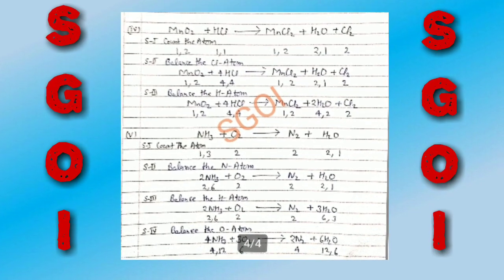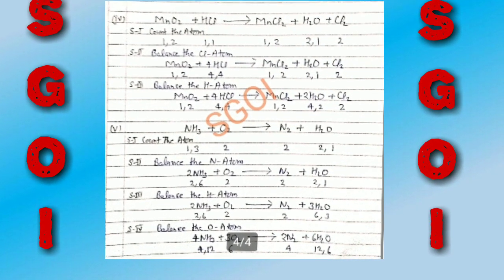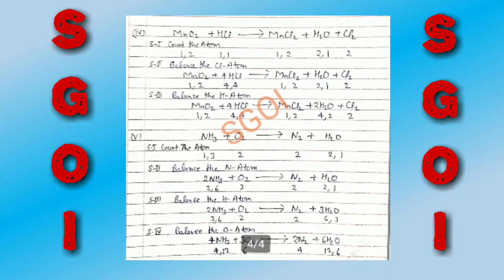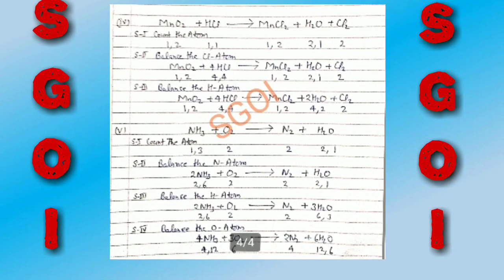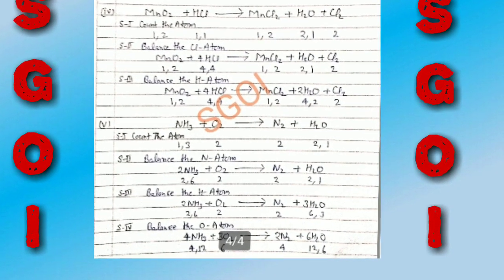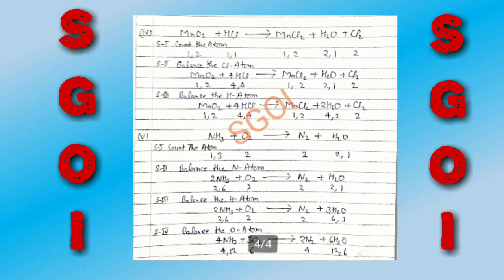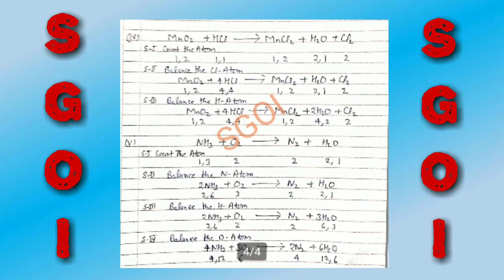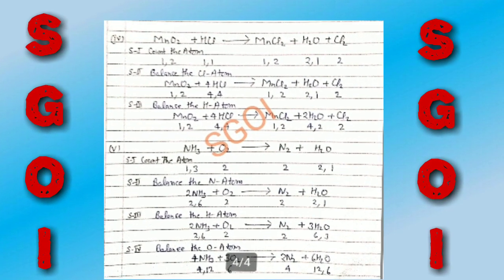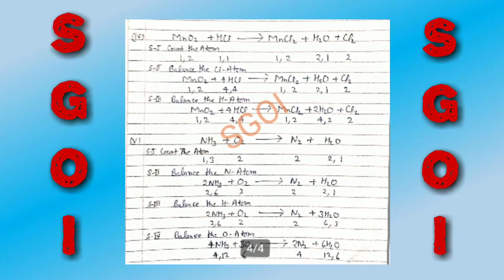Now the fourth question is MnO2 + HCl gives MnCl2 + H2O + Cl2. First we count the atoms on both sides. On the reactant side 1, 2, 1, 1.